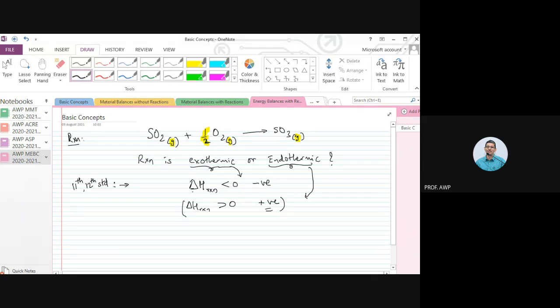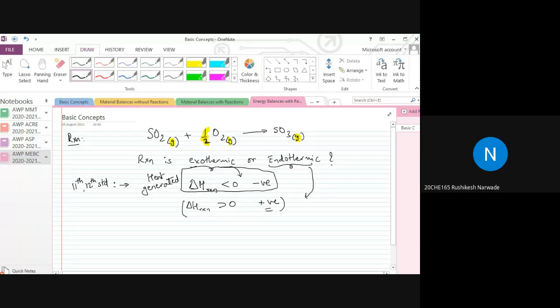Exothermic, what does that mean? Exothermic means heat is generated when products are formed. Hardik or Rishikesh, is that what you wanted to say?